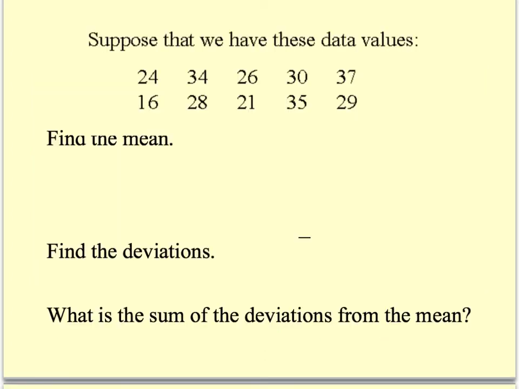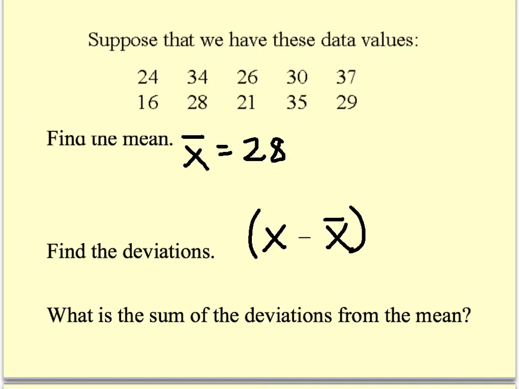On your note handout, you have a table that you can fill in for the following information. I used my calculator to find the mean using one variable statistics in the statistics function of the calculator, and I found x bar to be 28. I'm reminding you that I'm going to use x bar because this is a sample. Now, to find the deviations, we're going to take our data values one at a time and subtract the mean from that data value.